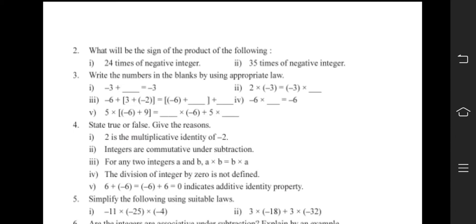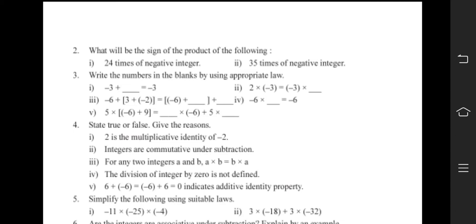Next, fifth one: 5 into (-6 plus 9) equals dash into -6 plus 5 into dash.